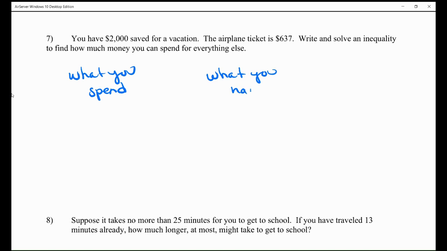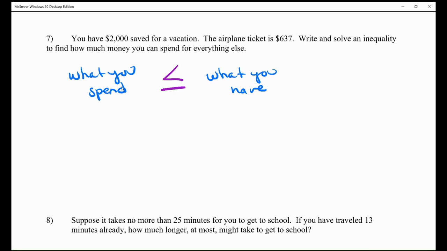and what you have. So what you spend, it can equal what you have, and it can also be less than what you have. So you can spend all of what you have, or you can spend less than what you have. So this inequality symbol is going to be less than or equal to.